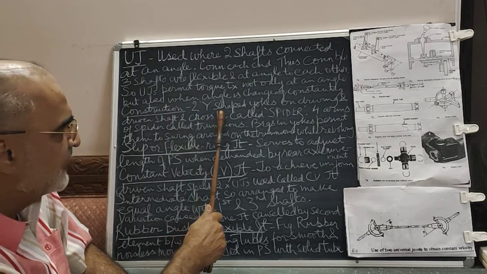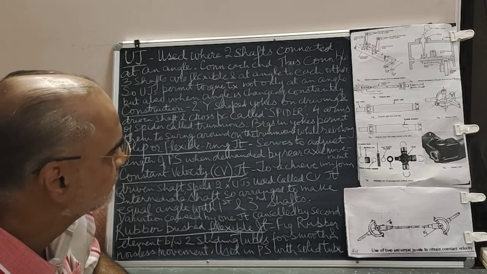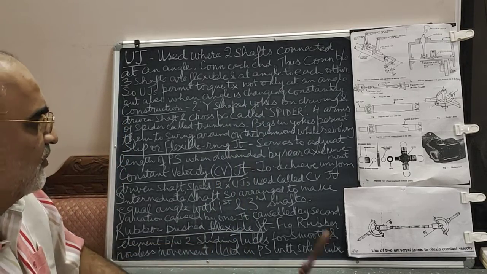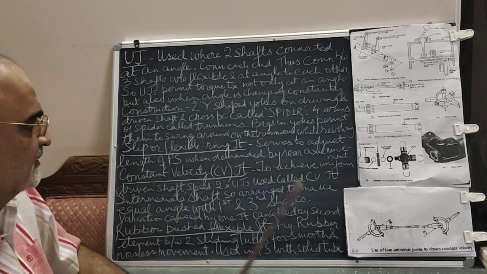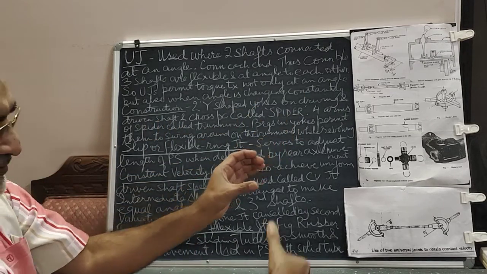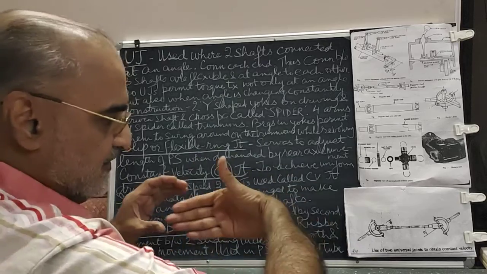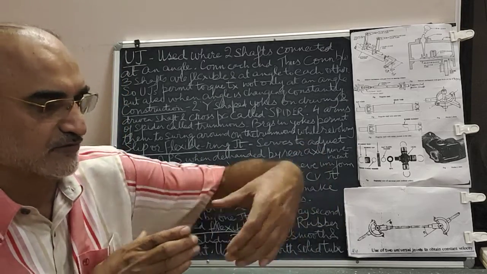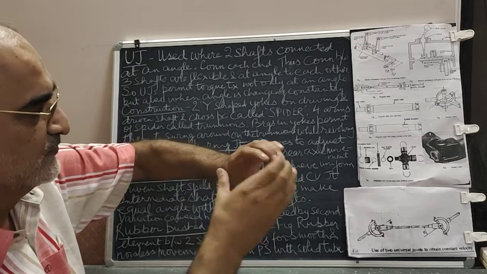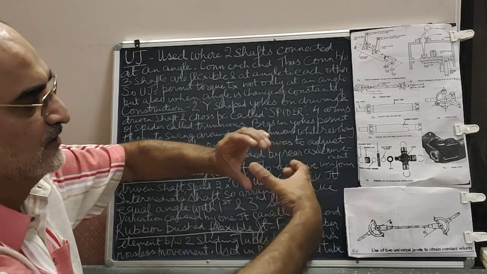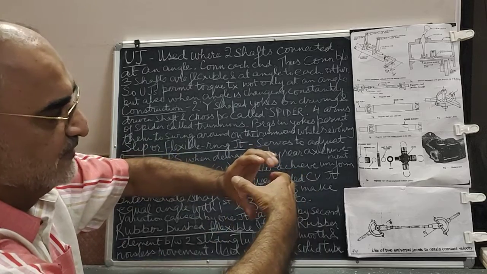In a universal joint, there are two Y-shaped yokes, one on the driving and one on the driven shaft. This is one shaft with a Y-shaped yoke, and this is the other shaft with the other Y-shaped yoke.